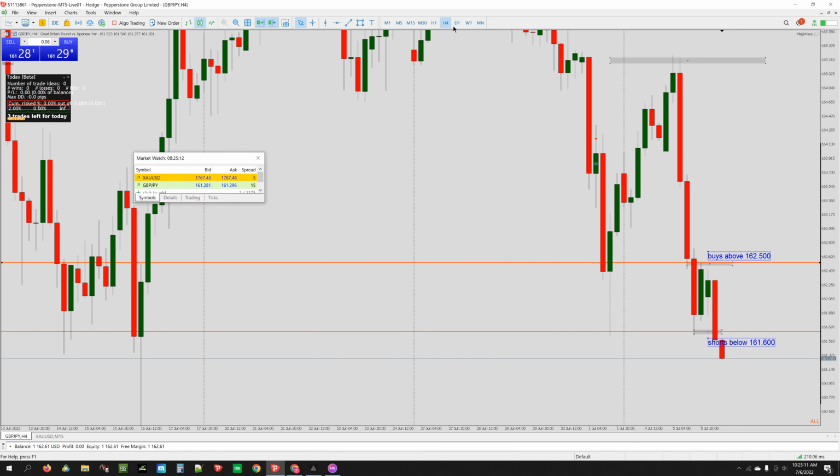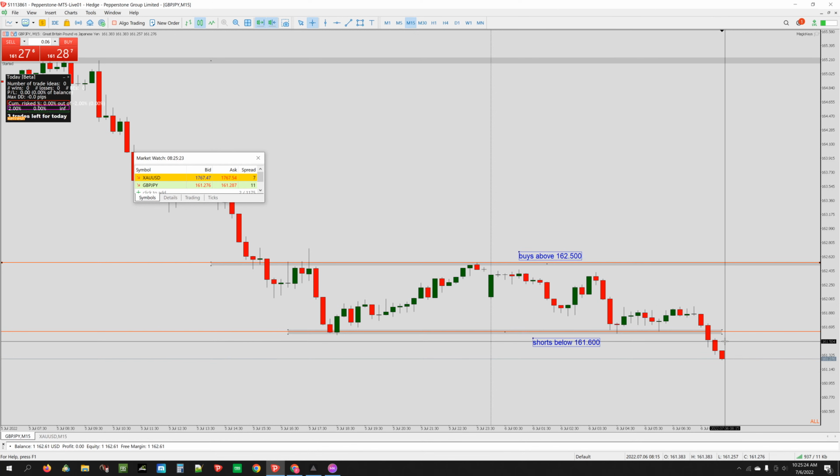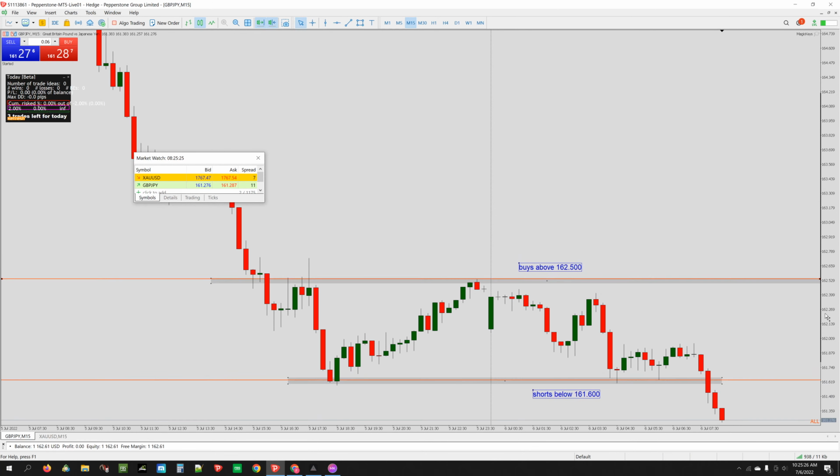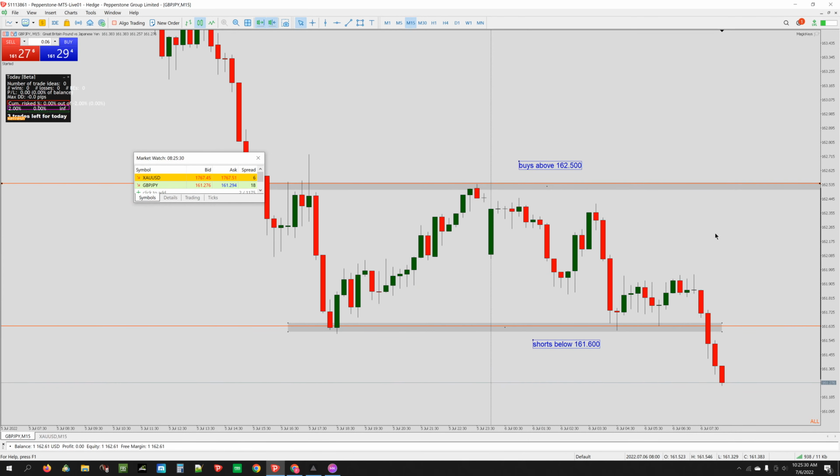So the previous H4 candle has closed below our 161.600 resistance, but this H4 candle is only 25 minutes old. It keeps pushing up since it opened, so we don't know how this H4 candle will close.